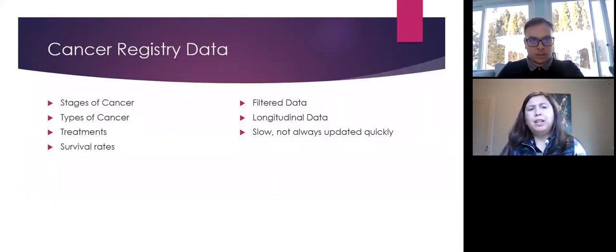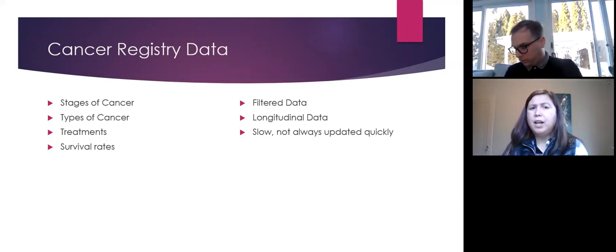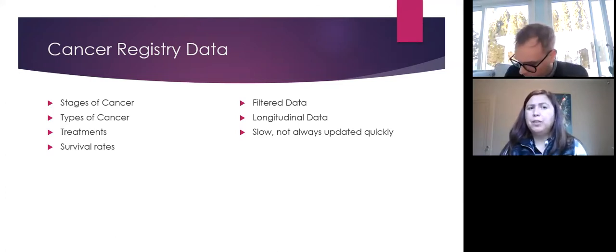So what if you want data that's really specialized and you want to work on a larger scale with pretty specialized data? A cancer registry is a wonderful example of how you can design some algorithms that are used specifically for these registries. The nice thing about this is that it's really filtered data.